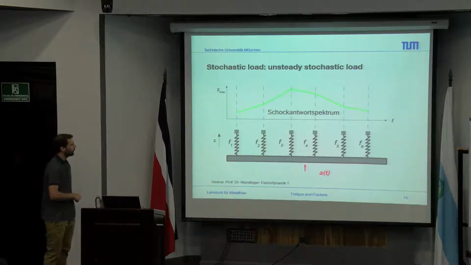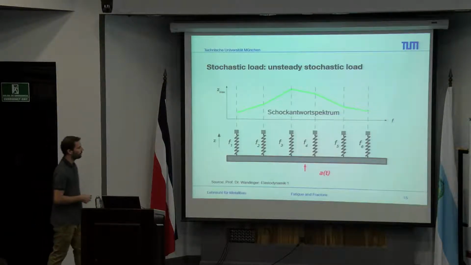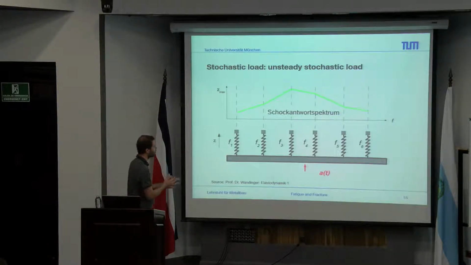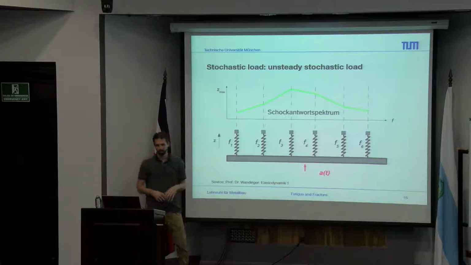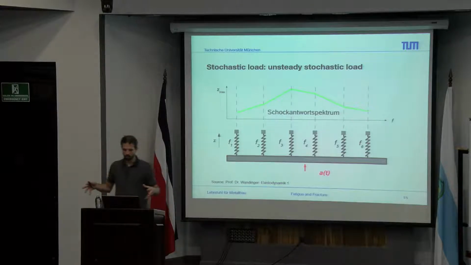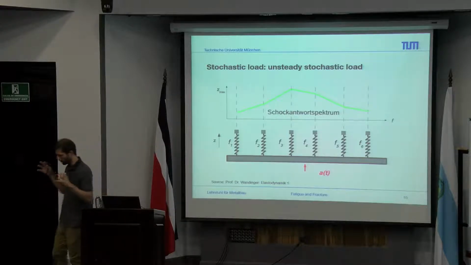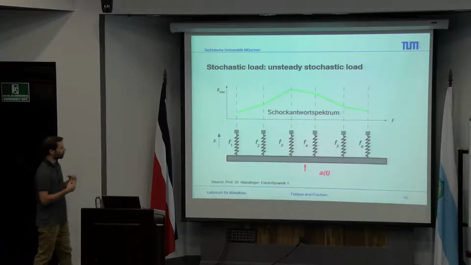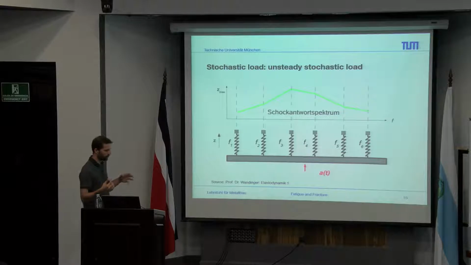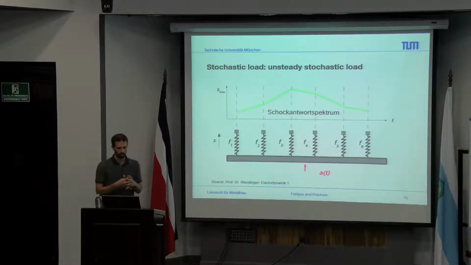For the unsteady stochastic load, we had already our impact information, and also here we have, for example, some information due to the system which is working, which you want to analyze, and at the same time you have some information about impact loading.